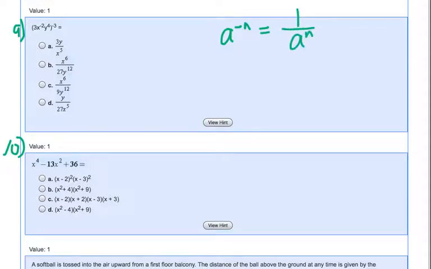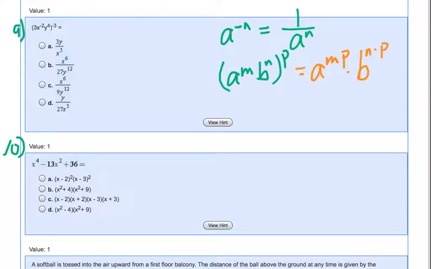And also, we know the power of a power means if I have a to the m times b to the n, then to the pth power, which means I have a to the mp times b to the np.